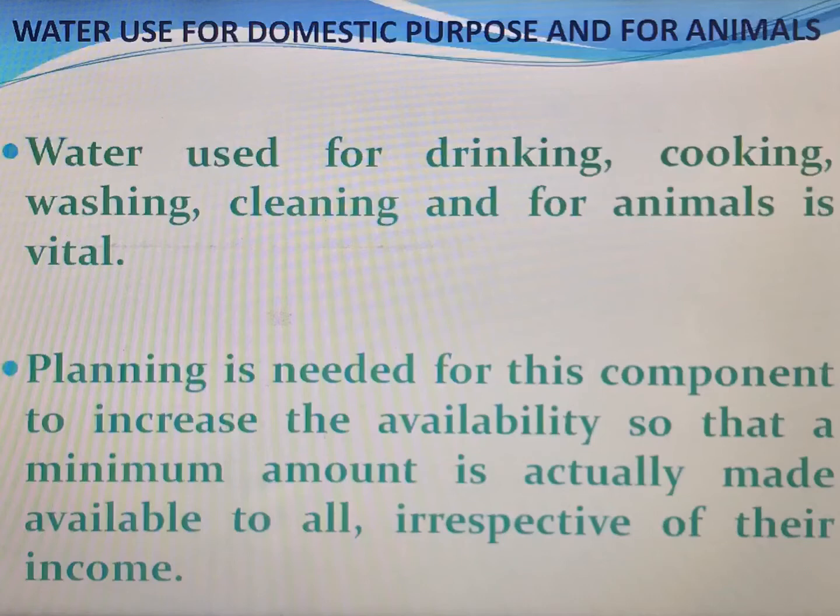That is vital. And planning is needed for this component to increase the availability, so that a minimum amount is made available to all, irrespective of their income. So planning is very important in this component, because they have to increase the availability of the water so that they can have still more in the future, right?